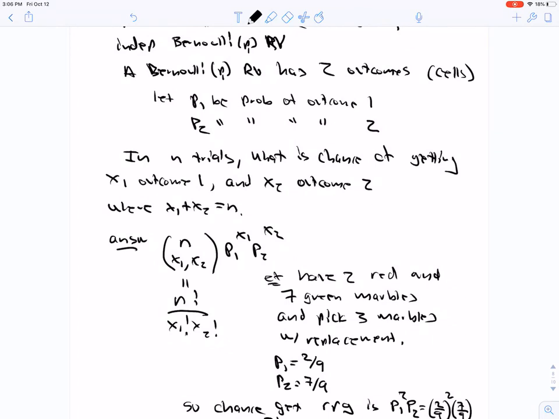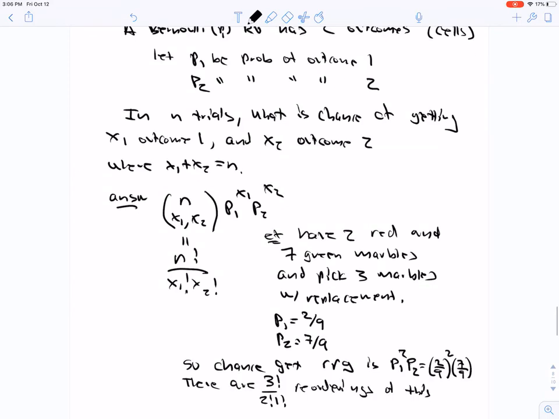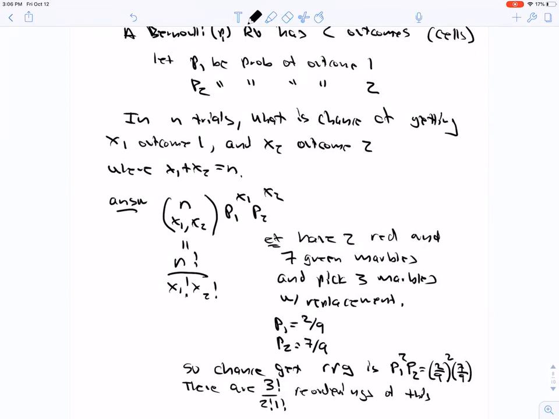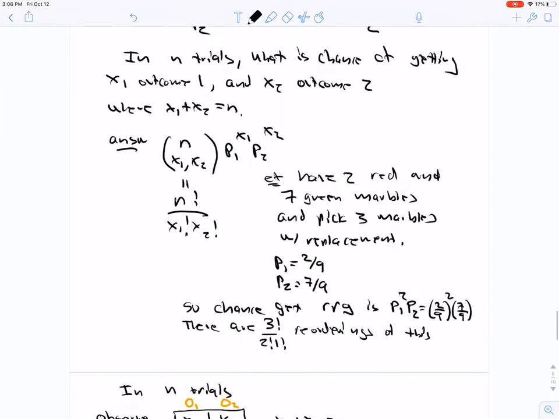In n trials, what's the chance of getting x1 outcome 1 and x2 outcome 2, where x1 plus x2 is n? So it's n choose x1, which we could also write as n choose x1, x2. I'm just writing this so you can see how this would generalize if we had more than two outcomes.